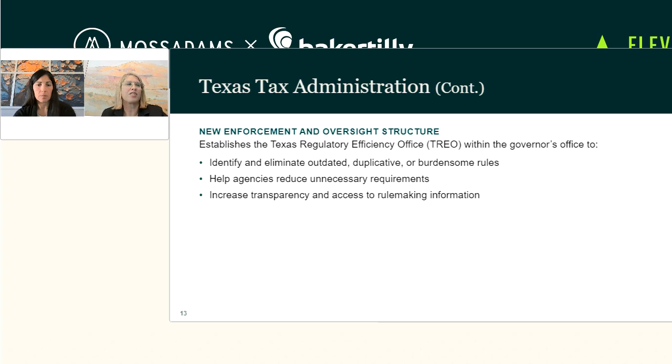Really just a continuation here of efficiency. This is the Texas DOGE, if you will. So just looking for ways that we can eliminate duplications, rules that just aren't reasonable for taxpayers to try to implement, and eliminate unnecessary requirements. Some of the things Gina spoke on, like the portal, are similar items.